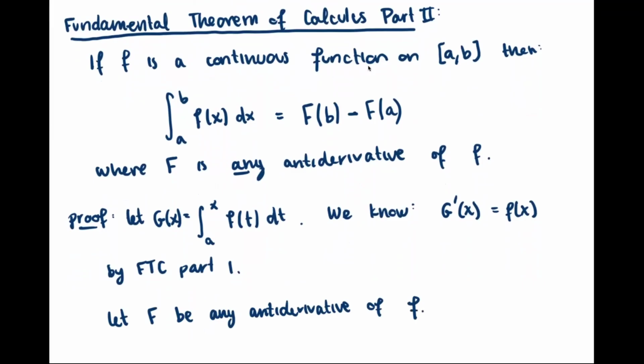Okay, if capital F and capital G are both antiderivatives of little f, how are they related? Yeah, so they can only differ by a constant, right? If they're both antiderivatives of the same function.